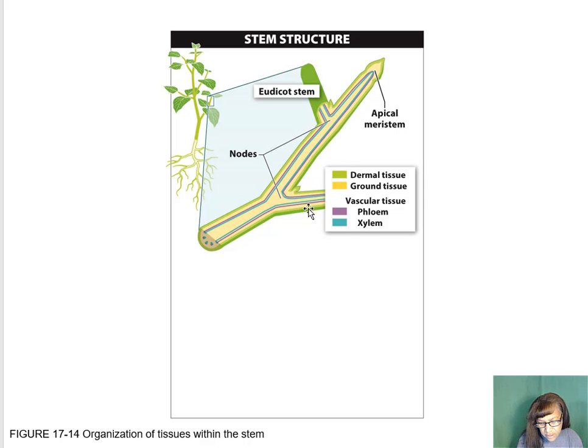And again, you can see that we've got the three tissue types outlined, so you can see their presence and where they are within the stem. And again, remember the vascular tissue is broken down into xylem and phloem.